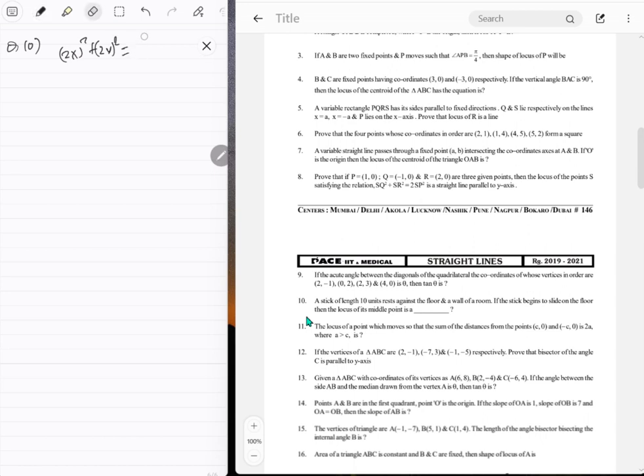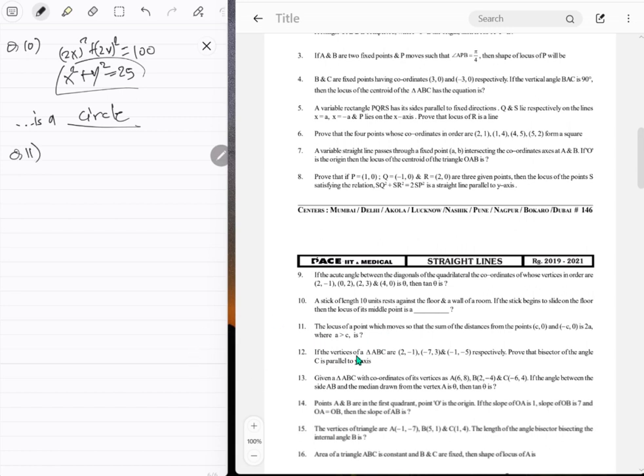Oh, well, it's 10, right? So it's going to be 100, something like that. So just x squared plus y squared equal to 25. That is the thing. It's a circle.